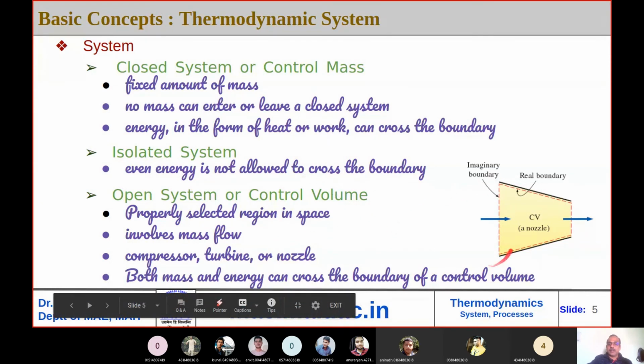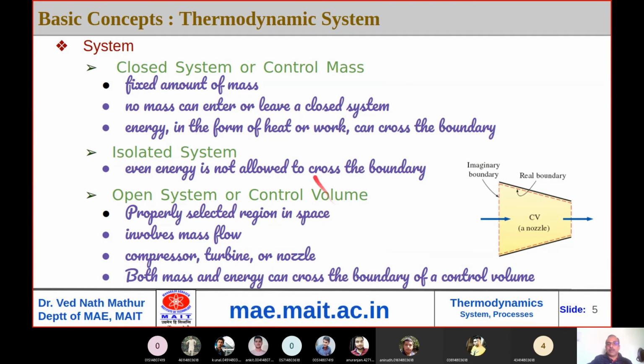system. There can be a pipe before this nozzle, and there can be a turbine after this nozzle. So one approach could have been to move along with a fixed amount of mass as it moves in a pipe. You identify the mass, and then you move in the pipe along with this mass, taking into consideration what's happening to that particular mass.